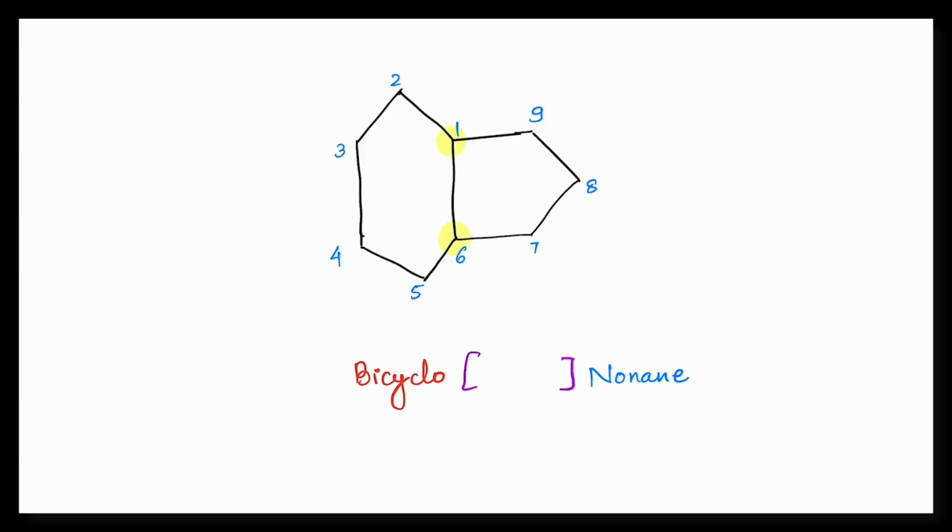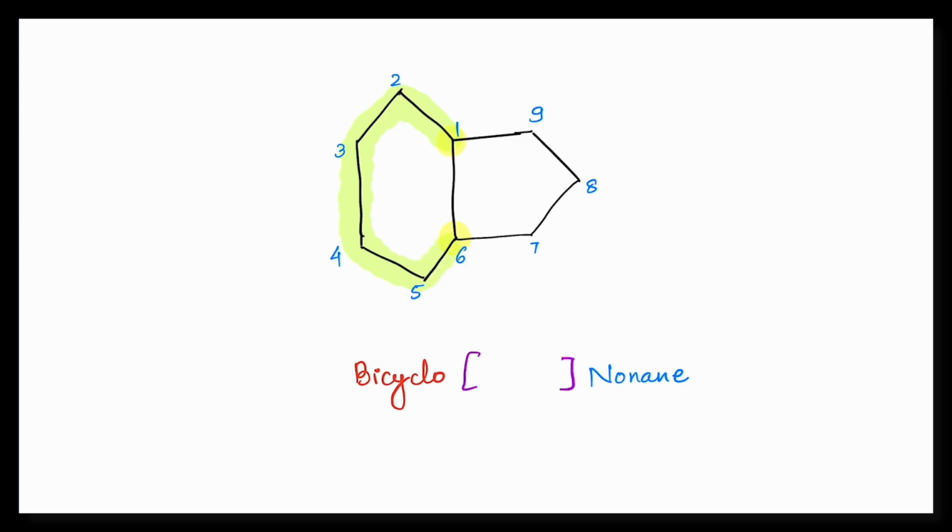So, as an example here, you can see that there is one path that goes from the carbon atom 1 and follows this highlighted path. Okay.